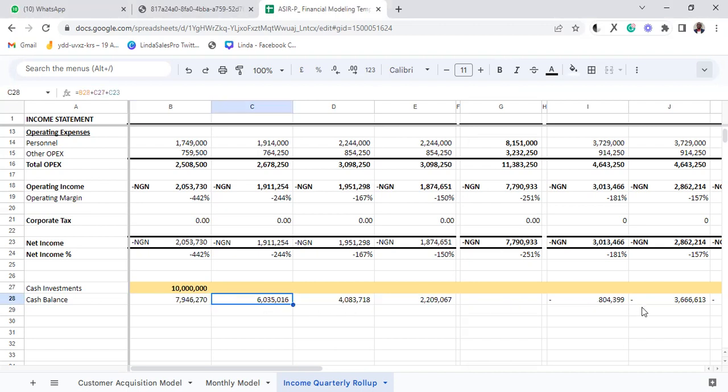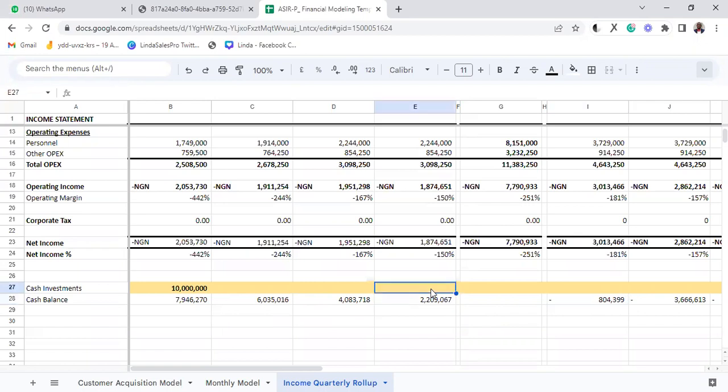In month four, it has turned to minus, meaning that you can't continue running. So if you raise 10 million naira, in your first year, Q1, Q2, Q3, Q4, the money will remain this. But in your third year, you can no longer operate. As you can see, it's now minus.